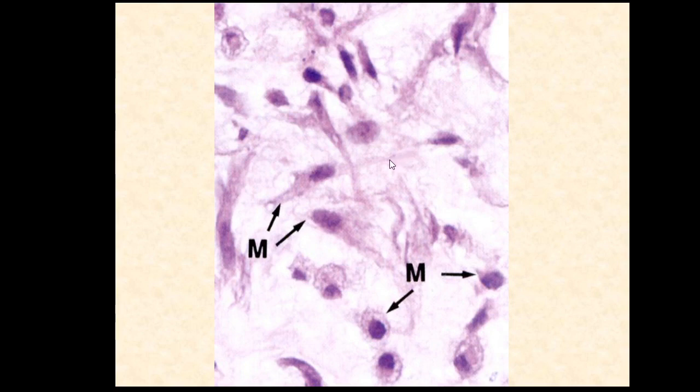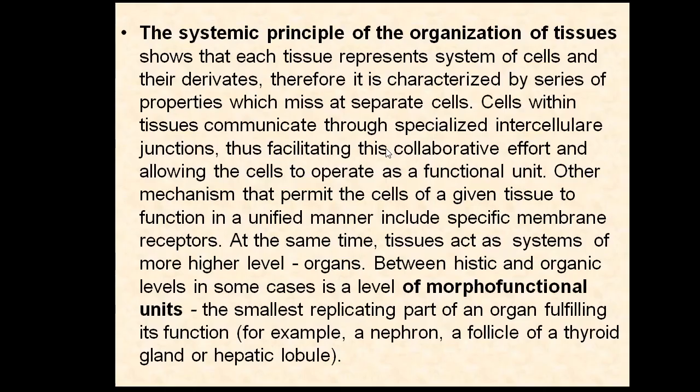But recent researchers show us under the electron microscope that there are tight junctions between the processes of the neighbor cells, and each cell separates from one another by the cytosol. But together appears the huge mass of cells, and it is syncytium.